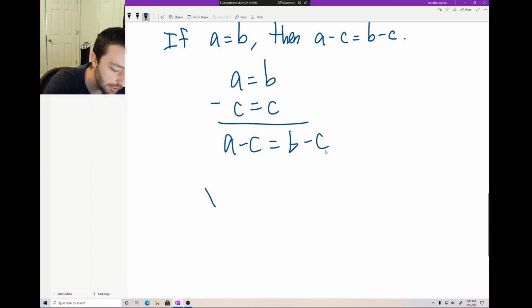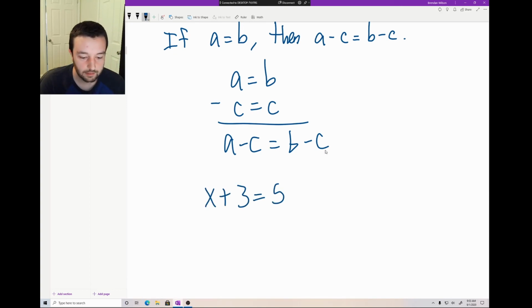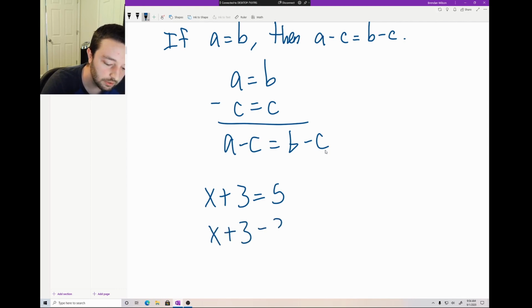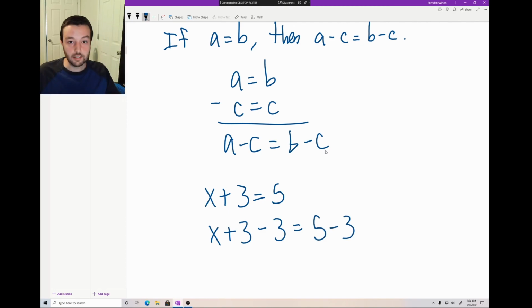So for example, if I have x plus 3 equals 5, then one clever thing I could do here is I could subtract 3 from both sides. Why would I want to do that? So I could subtract any number I wanted. Why pick 3? Well, notice what happens when I do it.